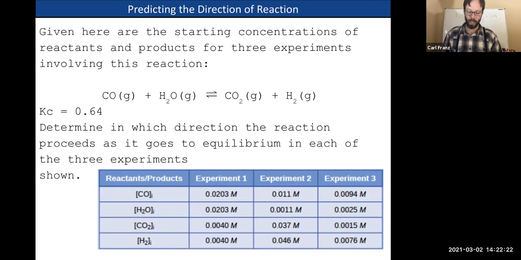So what you want to do here is take these values and put them in an equilibrium expression and solve for Q, and then see if it's greater or less than K. And then that will tell you whether it's forward or reverse. So work on that, and then we'll come together and go over it, okay?